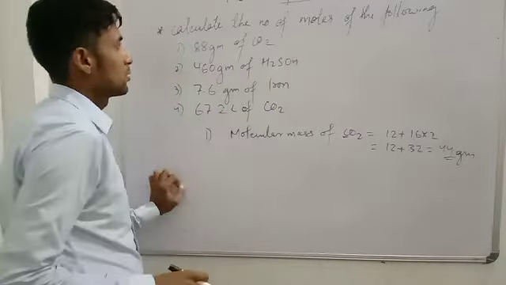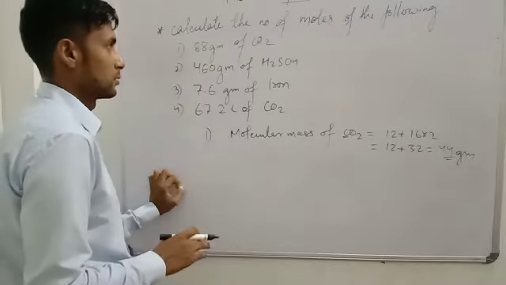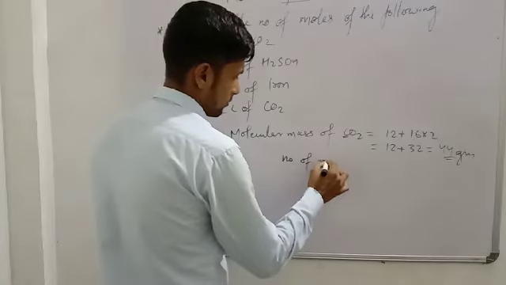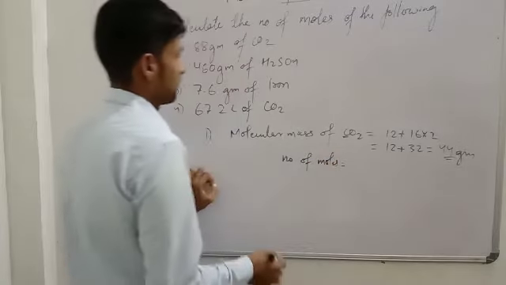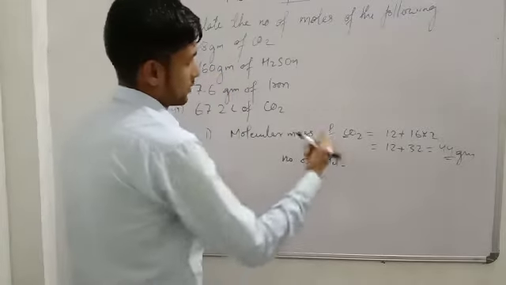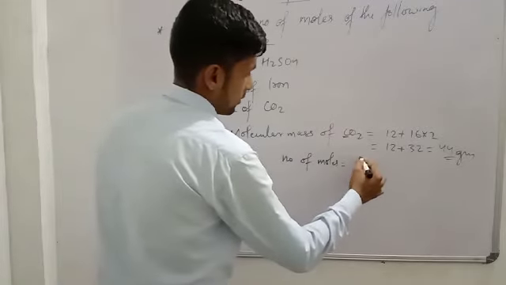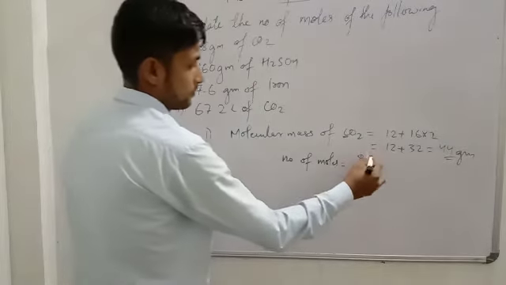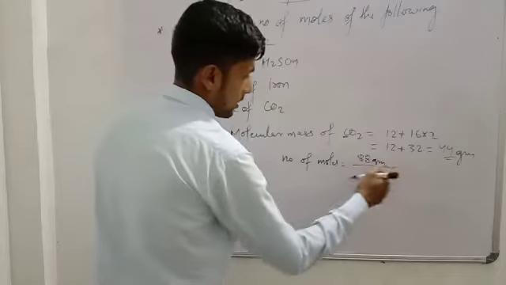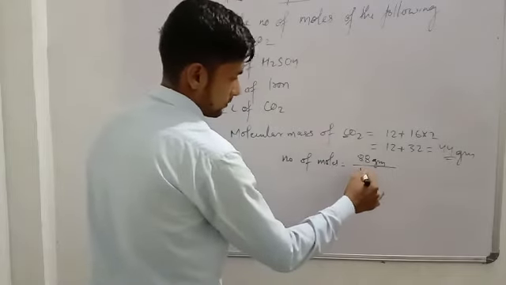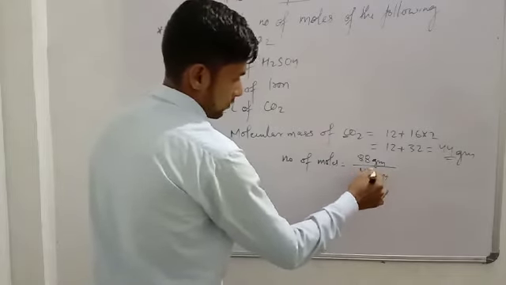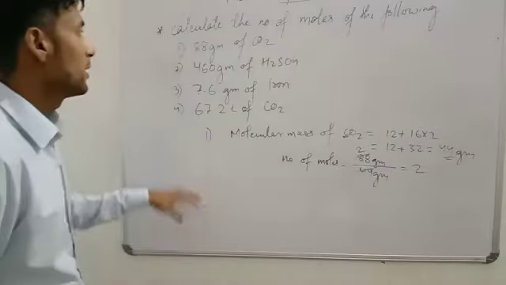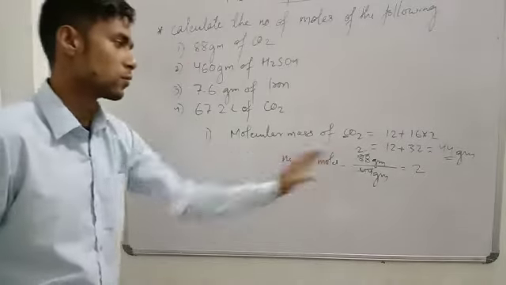So here the question is, now calculate the number of moles. So therefore number of moles will be 88. Mass of a given molecule is 88 gram, and molecular mass is 44 gram. So it will be 2. So the number of moles in 88 gram of CO2 is 2.